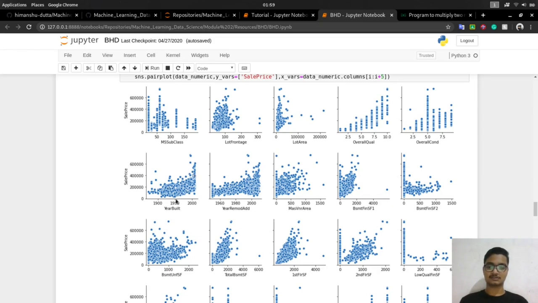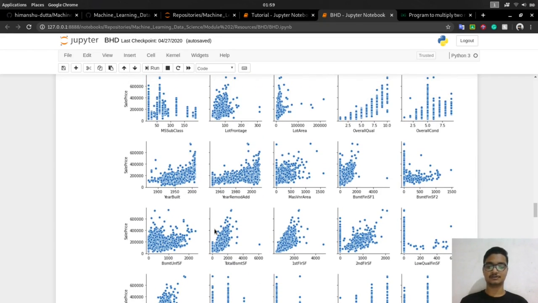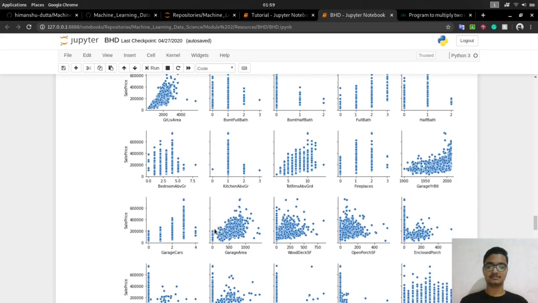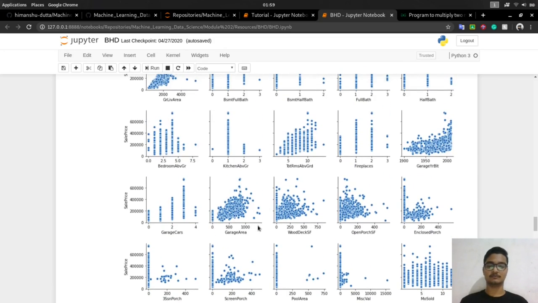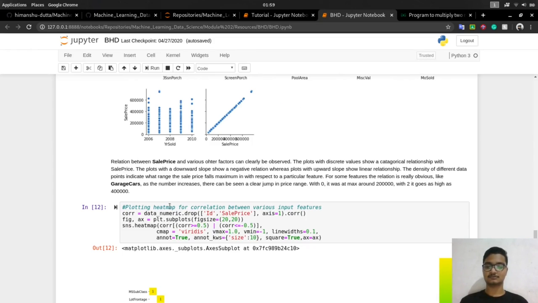This one is exponentially related, year built and sales price. As the years progressed, the sales price grew exponentially. So all these are of different scale and different kinds of relation. We'll have to feature engineer all these and bring them to a similar scale and similar kind of relation. So this was the insight that was drawn.